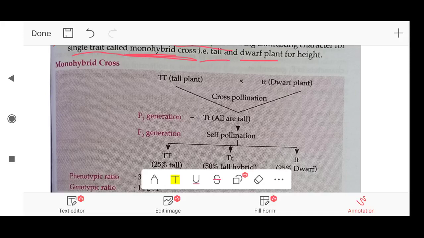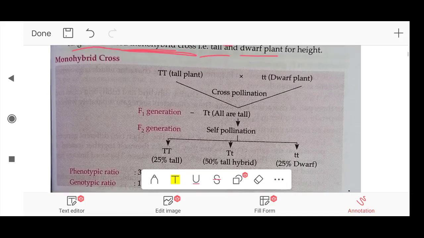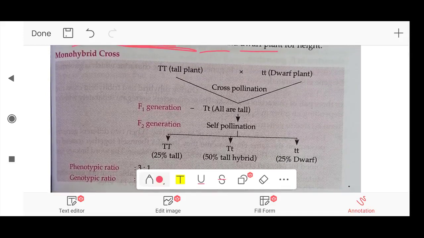The single trait was height, and the contrasting characters were tall and dwarf. It was called a monohybrid cross because a single physical trait, height, was considered. You can see the diagram of the monohybrid cross. He took a tall plant, symbolized as TT, capital T, and crossed it with a dwarf plant, small t.